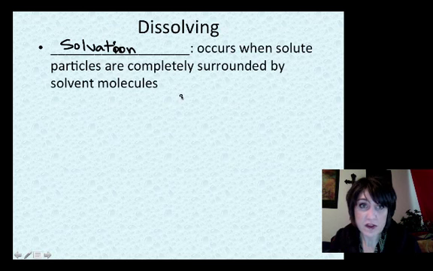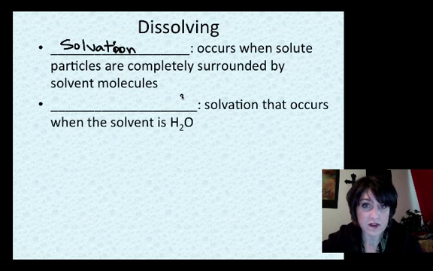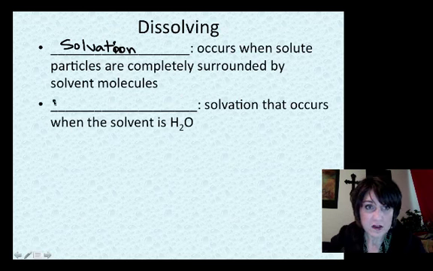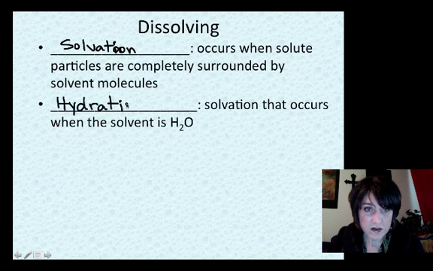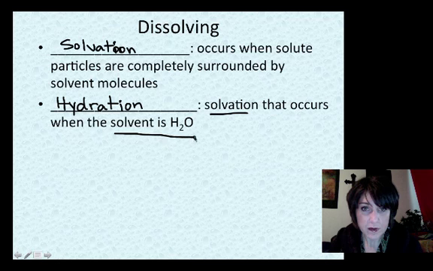This is an important step in the process of dissolving something, to surround it with the solvent. And if we're specifically talking about dissolving things in water, then this process is known as hydration, where the solvation is occurring when the solvent is water. So we call that hydration.